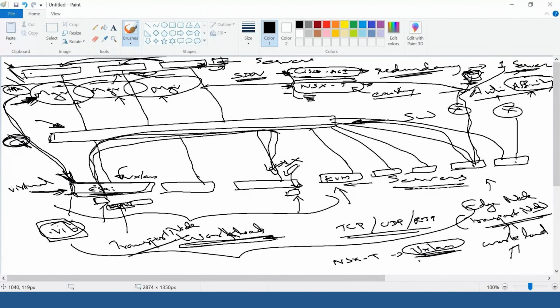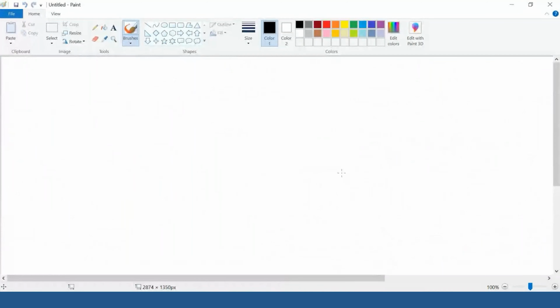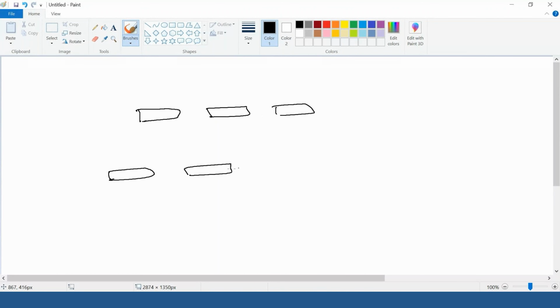Now another combination. Nowadays, organizations are installing their data centers with Cisco ACI and NSX-T in the same data center. So what is the benefit there? The problem with ACI is we have something called a spine-leaf topology.